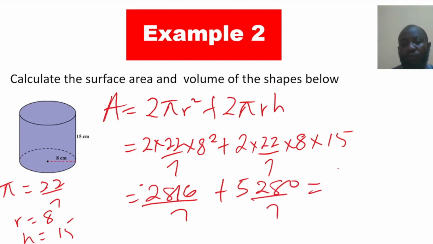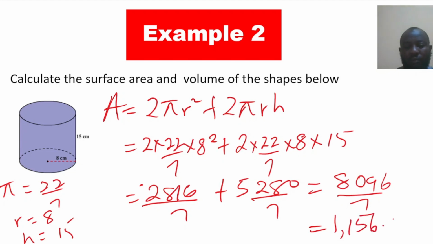So when we add these two of them together, we have 8,096 divided by 7. So this gives us 1,156.6 centimeters square. So that is the surface area of this cylinder.